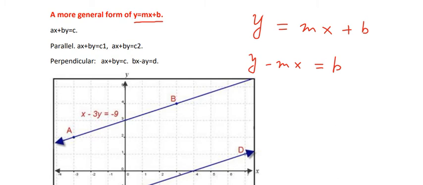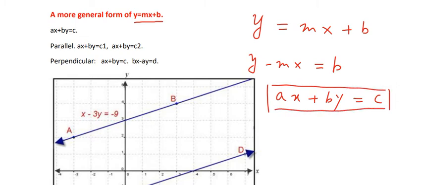In general, we change this to ax plus by equals c, some constant. We call this a more general form. Here, y minus mx equals b, we can change to negative mx plus 1y equals b.